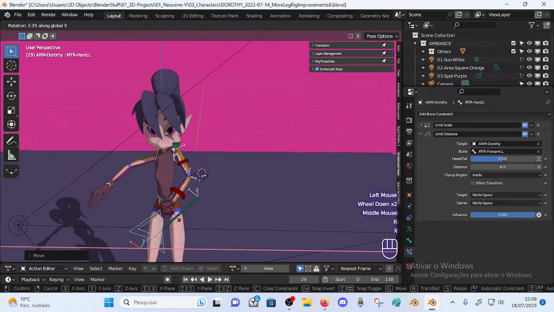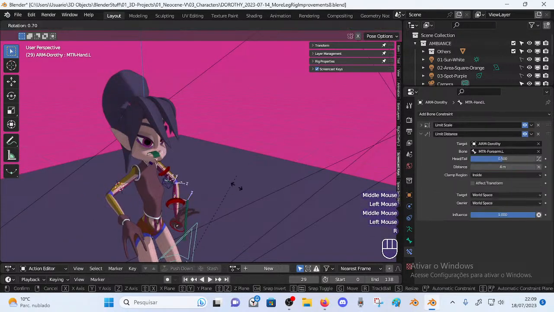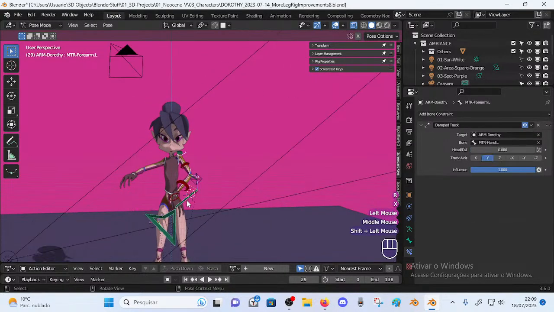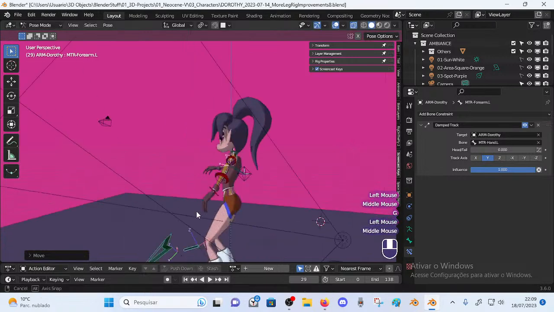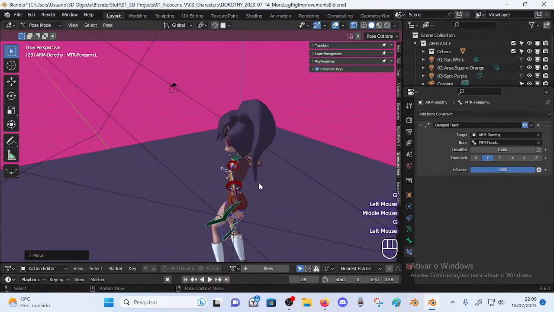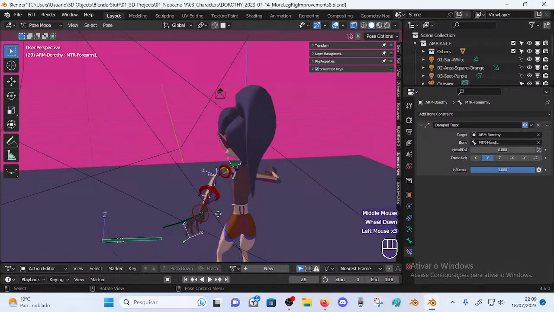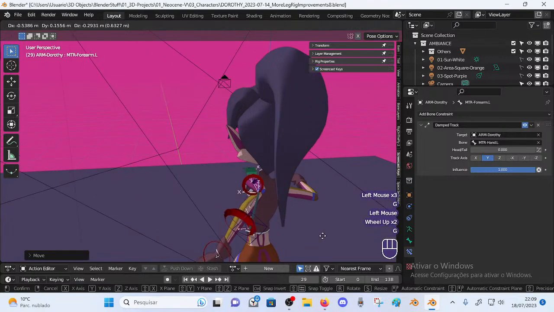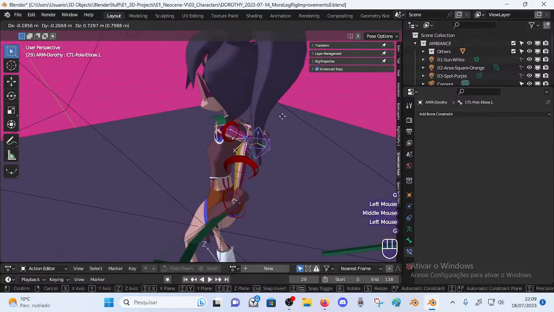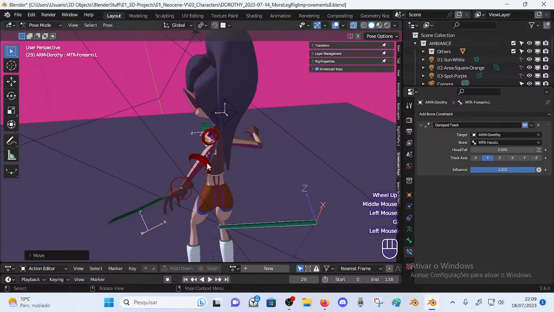It kind of works, but there is some issue I must certify with the elbow, the pole target actually. And then all the other positions work, including some dramatical position here, but then the elbow starts to get crazy again, and so this would require some adjustments, some automation, right?